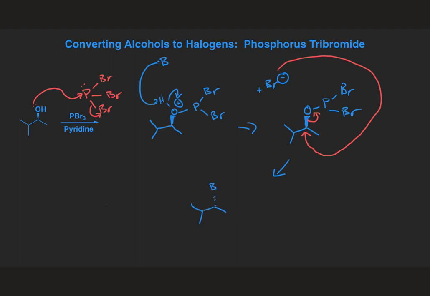And so if that OPBr2 was going out of the page, Br is going back into the page, and I also get this weird inorganic leaving group. So again, if my alcohol was coming out of the page, my Br is going to be going back into the page. So this is going to give you inversion of configuration when you convert your alcohol into a leaving group.